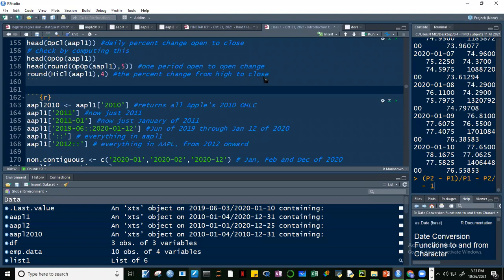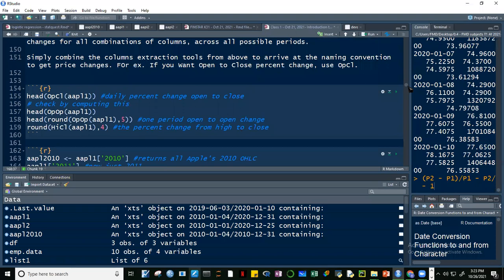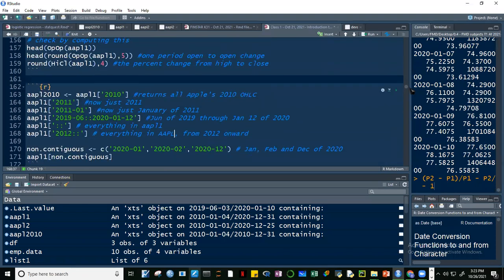2020, December 31. Okay, any questions, guys, as far as navigating through using quantmod and using the subsetting? It's very easy to create another XTS object, just like what we did here, we created Apple 2010, and then we subsetted Apple 1 just to include all 2010 prices.